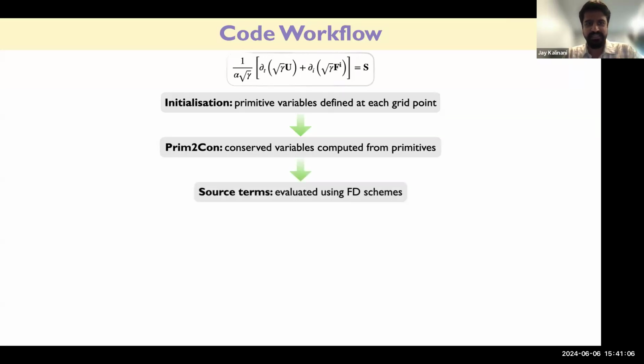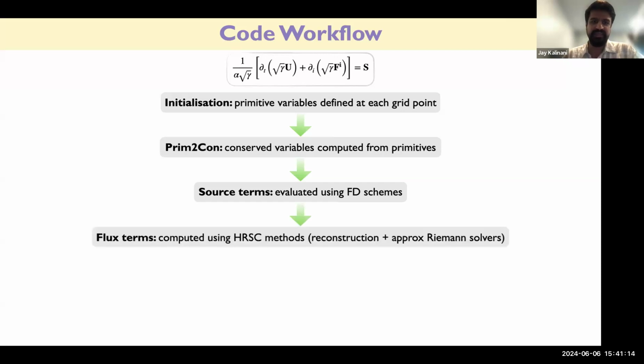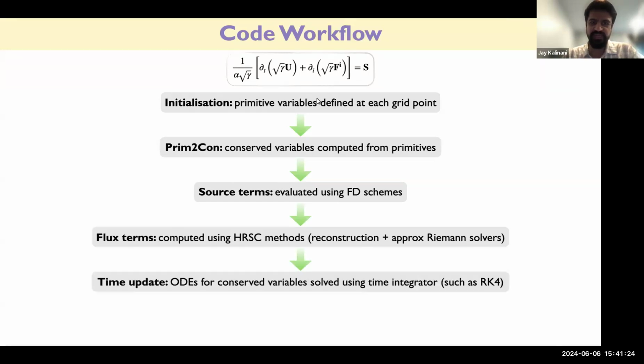The next step is to compute the source terms that I showed earlier using finite difference schemes. Then you employ these high-resolution shock-capturing methods to compute the flux terms at the cell interfaces.